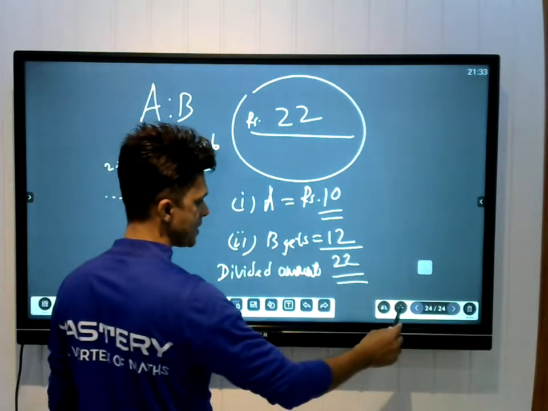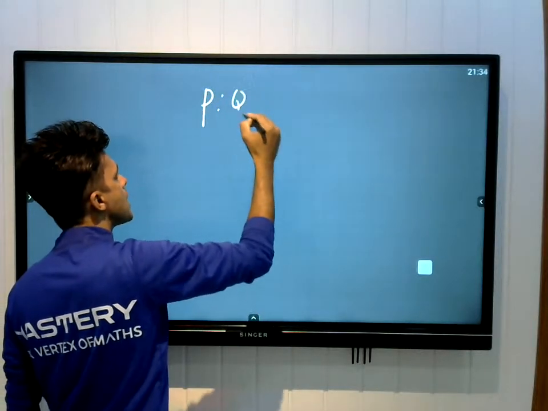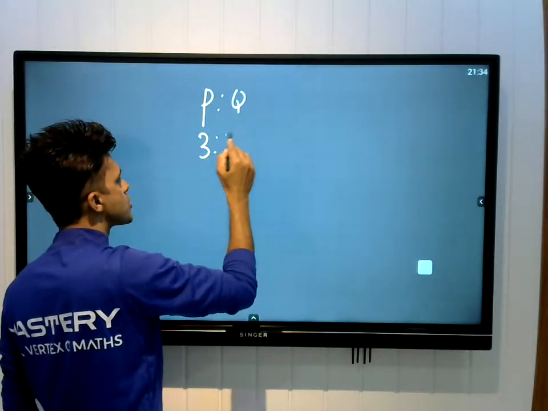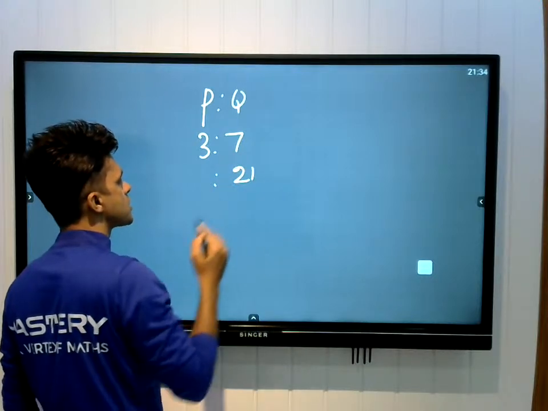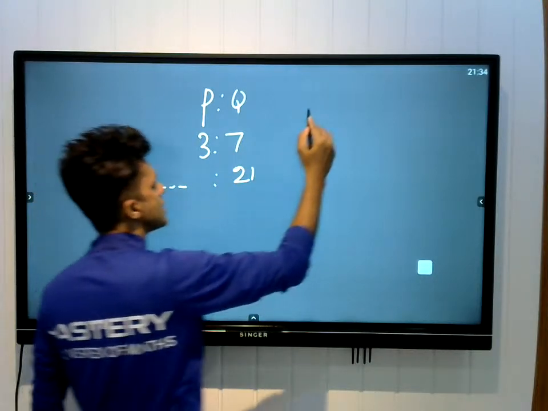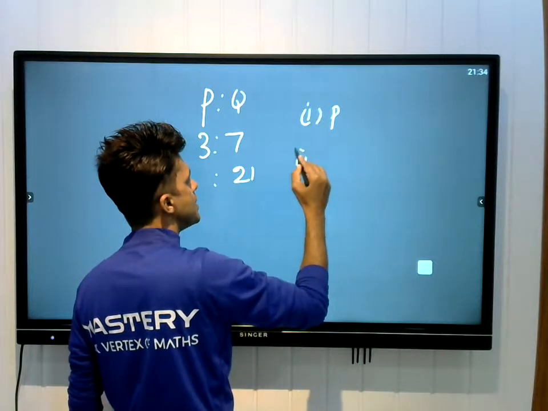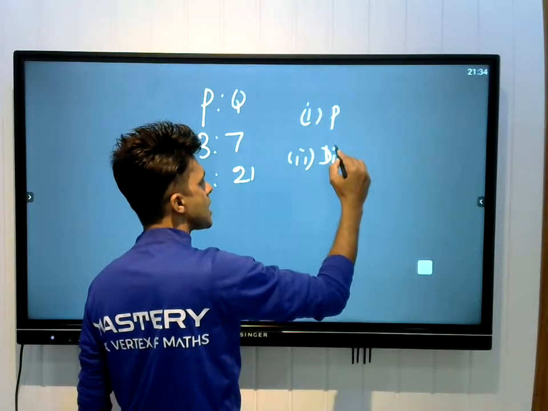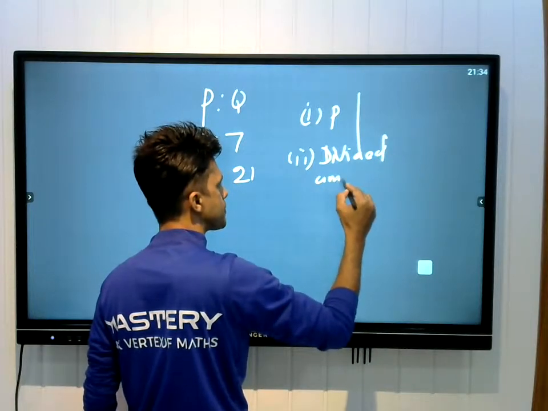Next question. A certain amount of money is divided between P and Q in the ratio 3 to 7. Then Q gets 21 rupees. You need to find the amount taken by P and the divided amount.